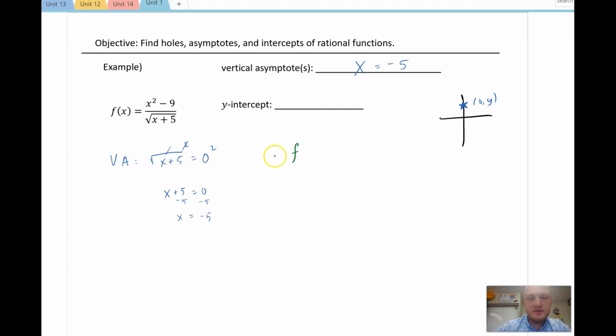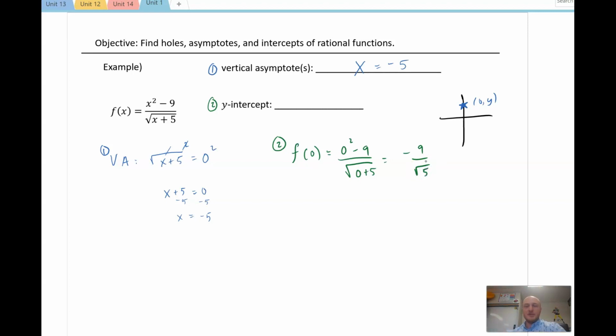Step 1: what's f of 0? I'm just going to evaluate x at 0. So I get 0 squared minus 9 over the square root of 0 plus 5, which gives us negative 9 over the square root of 5.